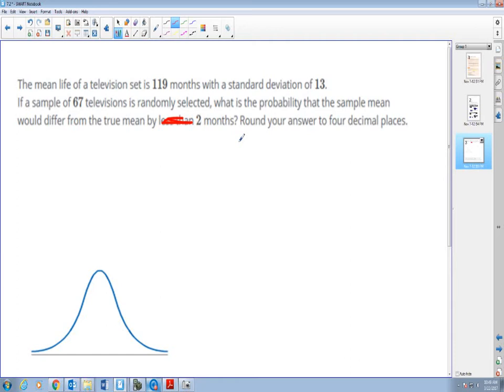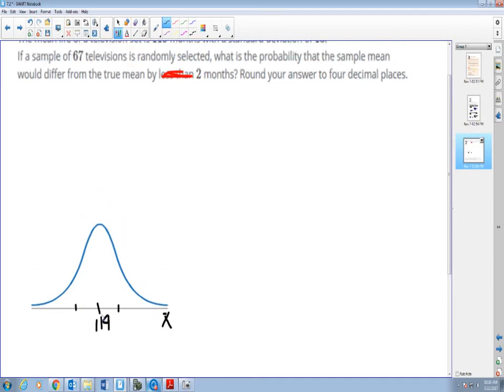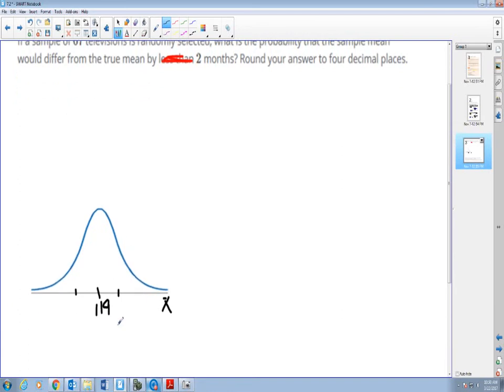different by 2 months. Okay, so if the sampling distribution of the X bar eventually becomes the same as the 119, differ from 119 means differ by 2 months, which means it can either be 2 months less, which is 117, or 2 months greater, which is 121.